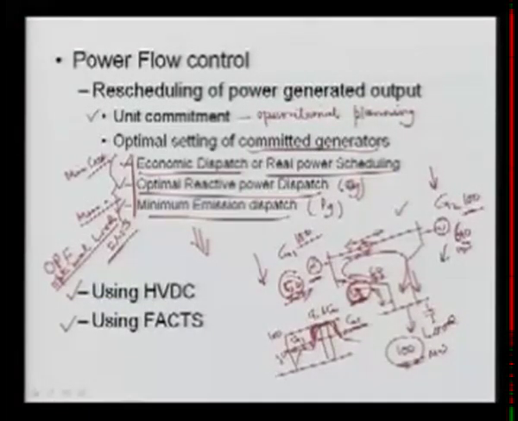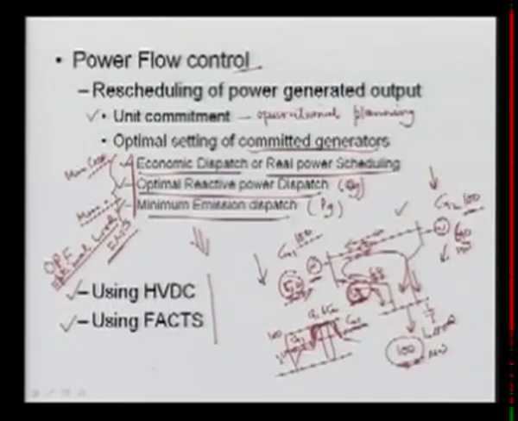To utilize the resources efficiently, we should have some power flow control mechanism, and the options are to use either HVDC or FACTS controllers to control the power over the line. There is another option to control the power in the line, but that is not feasible.